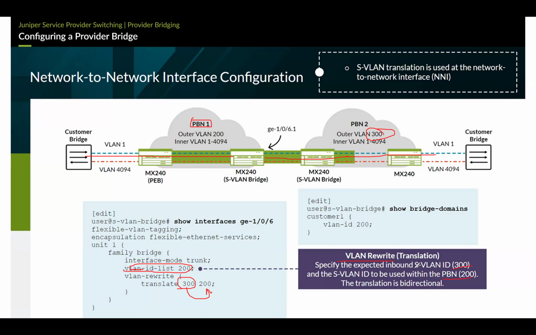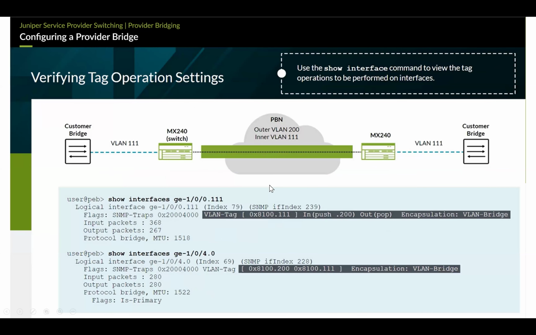So if the incoming VLAN ID is 200 as the inner VLAN, rewrite it to the VLAN ID 300. So this is the process to translate one VLAN to another VLAN.